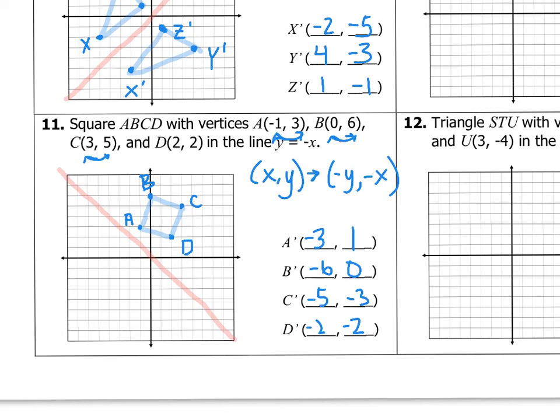So negative 3, 1, negative 6, 0, negative 5, negative 3, and negative 2, negative 2. Go ahead and label it A prime, B prime, C prime, D prime, and then connect the dots. There we've got our square reflected across the y equals negative x line.